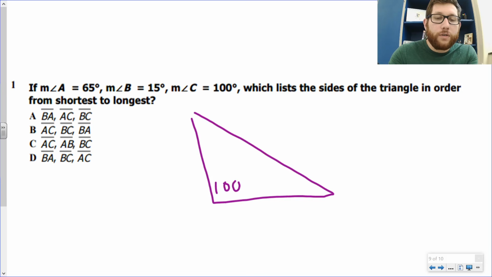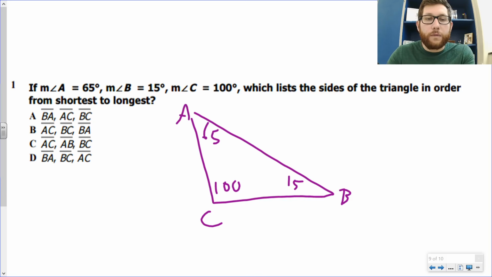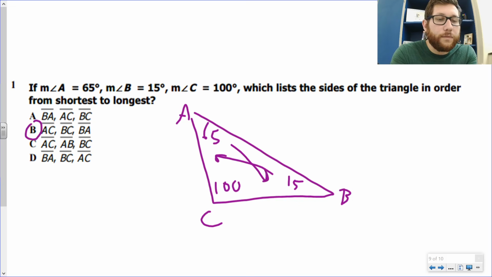That would be 100, and that's C. I don't know, that looks like 15, so that can be B. And this could be 65, and that would be A. So one way would be to sketch out a picture, and then we would go from here, shortest to longest. That would tell me that AC is coming first, and BC would be second, so that should tell me B.